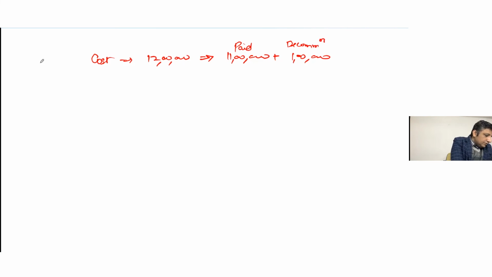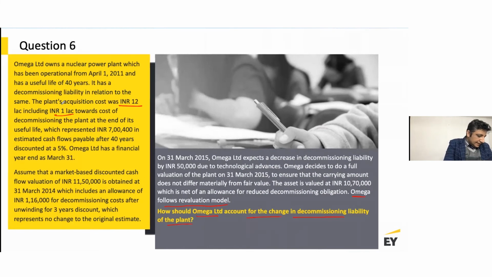Now, this is of course on 1st of April 2011. Now, importantly, this is getting revalued again. If you go back to the question's requirement, it suggests that on 31st of March 14, there is a valuation done.